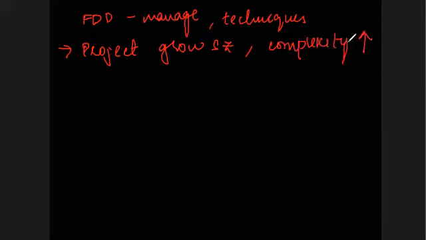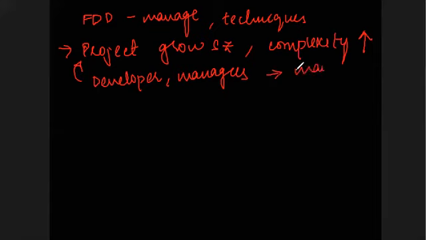So as the size and the complexity of the project increase, it becomes very difficult for the developers and the managers to manage what work is being done. As the project is growing in size, it becomes difficult for them to manage the particular project, and the deadline of the project is also going to come soon.